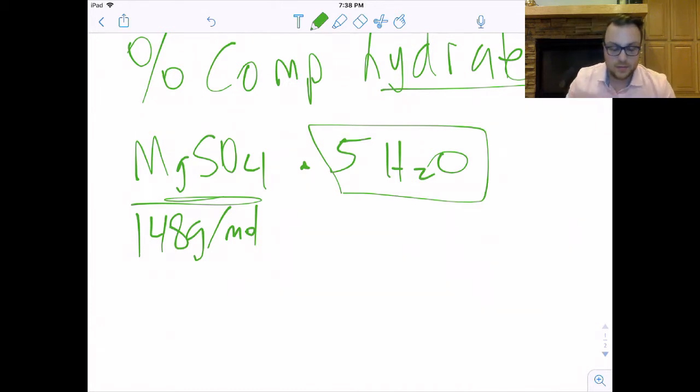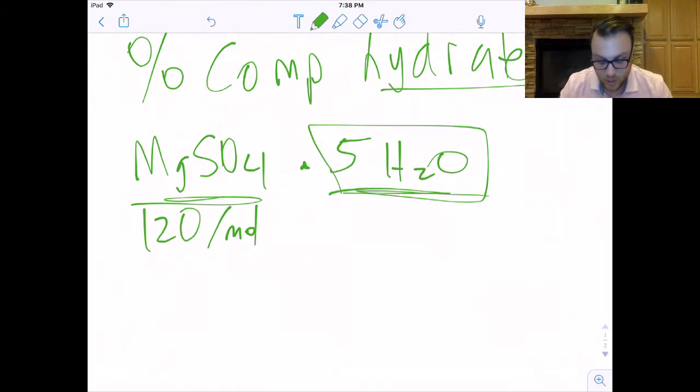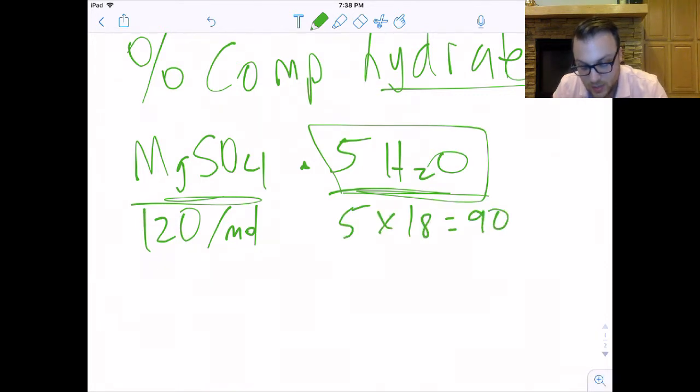If I add up Mg, the 4 oxygens, you should get about 148, I think, unless I'm adding it wrong. No, that's 120. Did that in my head a little too quick. 120 grams per mole. You also need to include the 5 waters in your total weight. So 5 times the weight of water of 18 will give you 90.